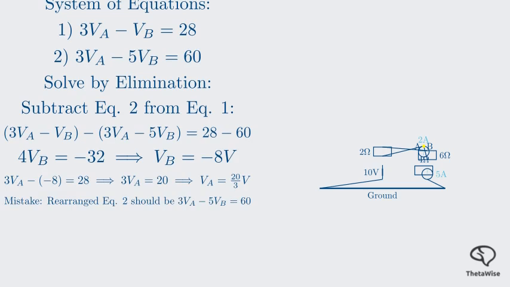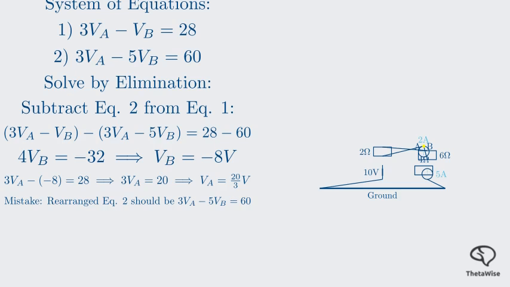Let's trace back. In node B, I multiplied the 5 by 12 to get 60, but it was a plus 5. So the rearranged equation should be 3VA minus 5VB equals 60. Now let's try again.